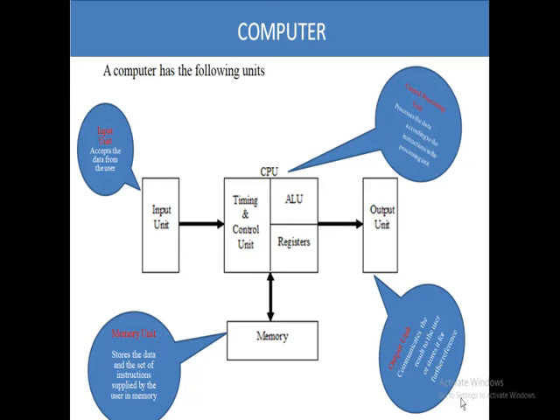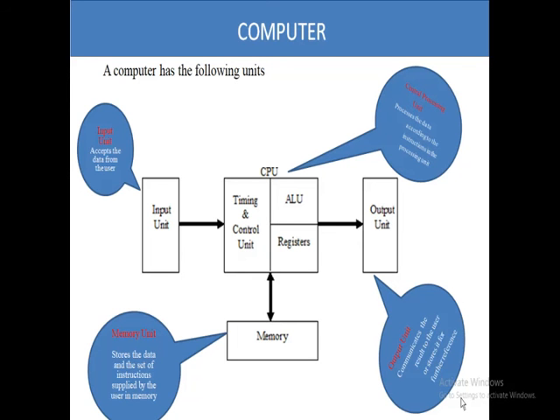What is the main function of a CPU? The CPU stores the data and set of instructions supplied by the user. The CPU processes the data accepted from the input devices according to the instructions given by the user. And what is an output unit?